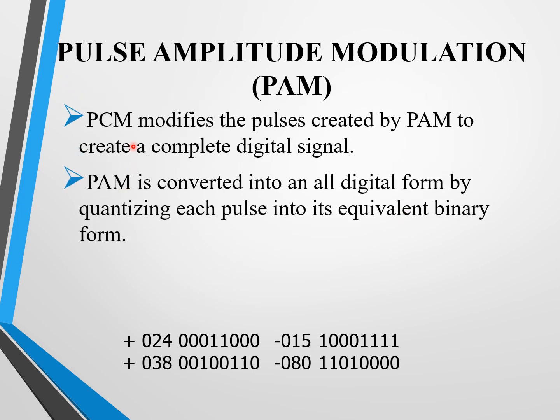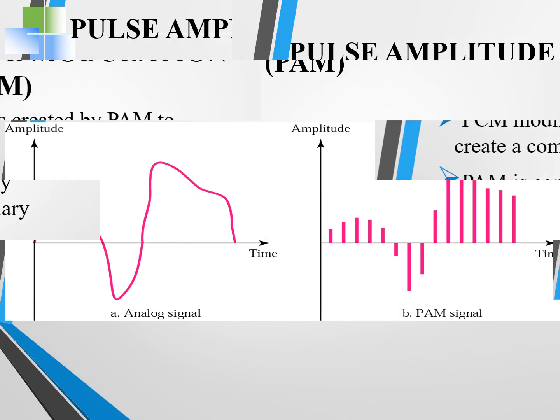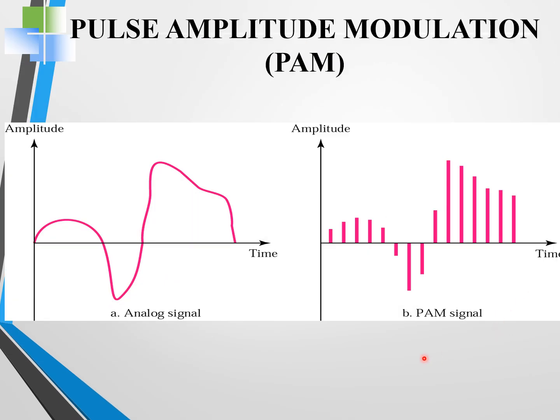Then PCM modifies the pulses created by PAM to create a complete digital signal. PAM is converted into an all digital form by quantizing each pulse into its equivalent binary form, and 8 bits are used to quantize each PAM signal, including 1 bit as a sign bit. This is an example of quantization. How all this happens, we will see turn by turn.